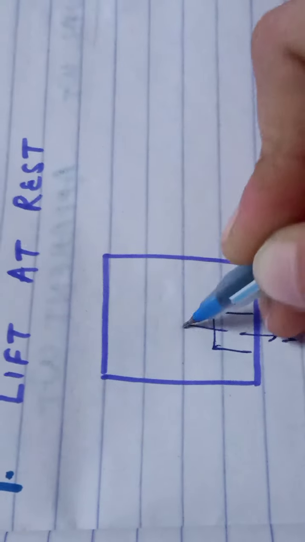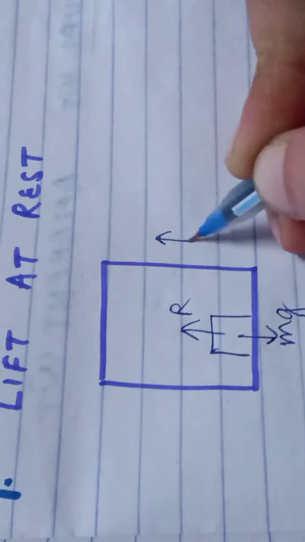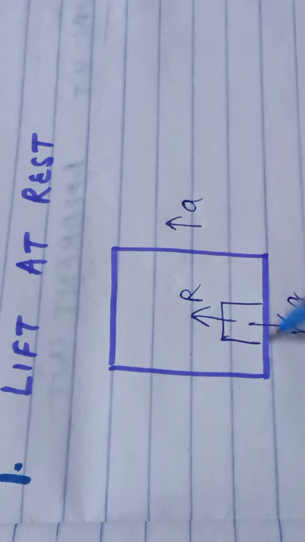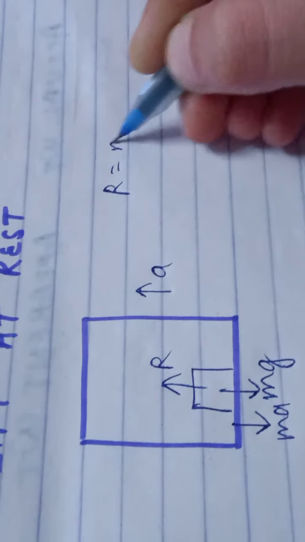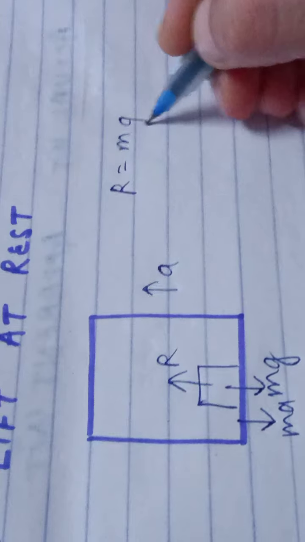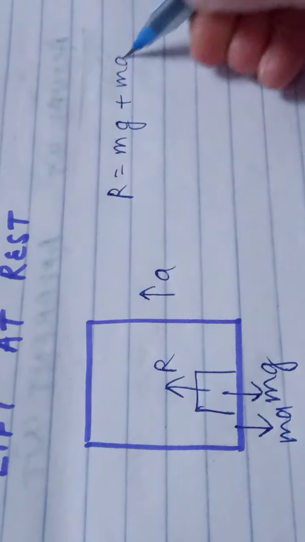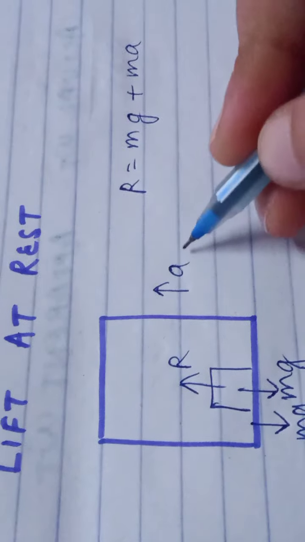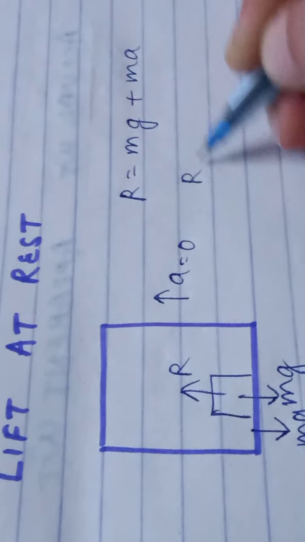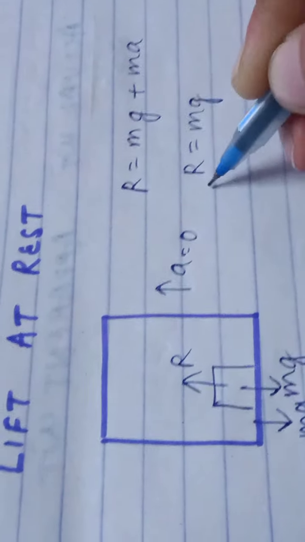R, mg, and a, because acceleration is upward, so this is ma. R is equal to mg plus ma, and because the lift is at rest, a is equal to 0, so R is equal to mg.